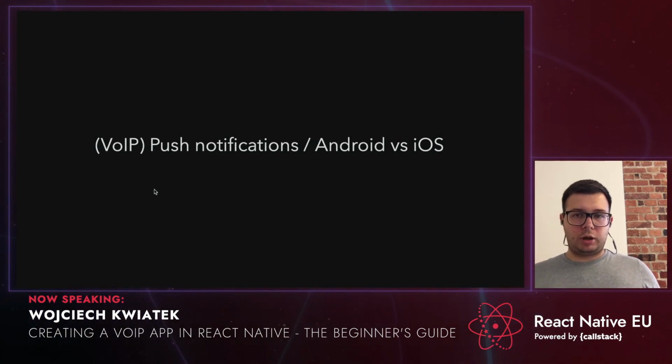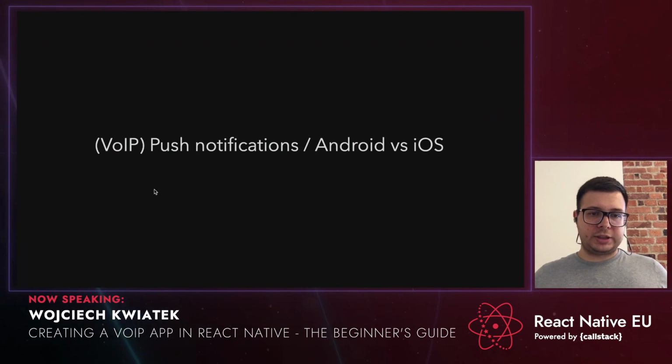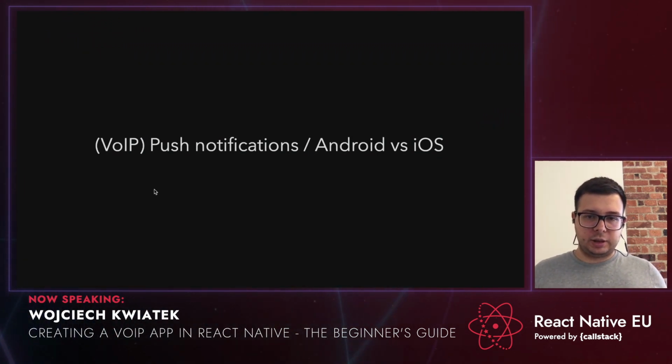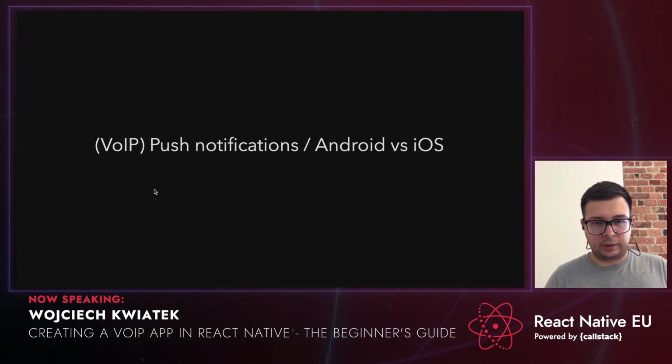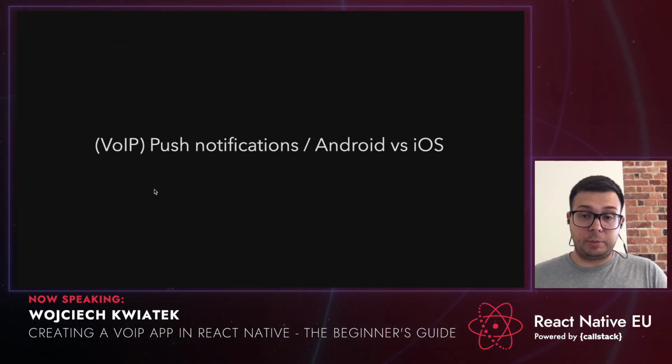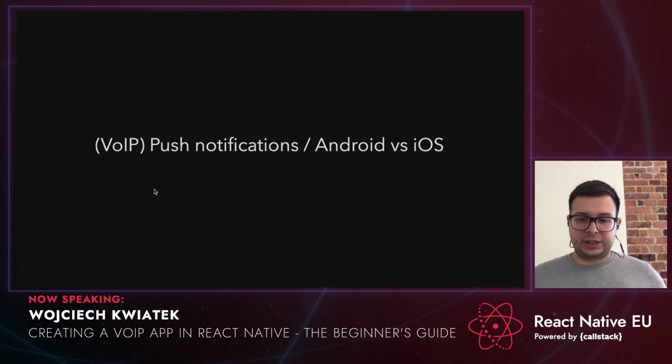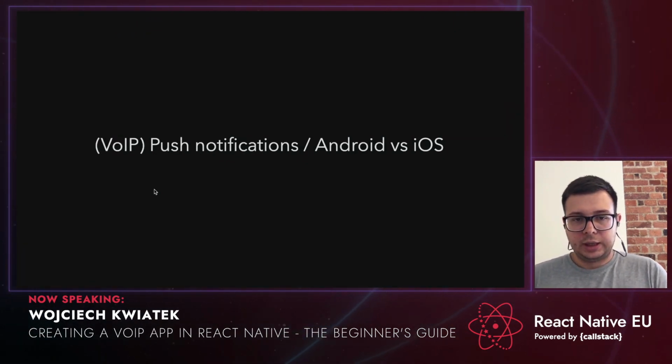If someone calls you on WhatsApp, WhatsApp uses a VoIP push notification to notify your device that there's an incoming call. On Android, on the other side, there are just notifications, and you are basically allowed to create such a call screen from any notification. Why is this important?